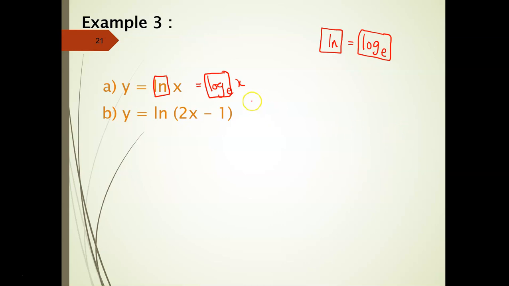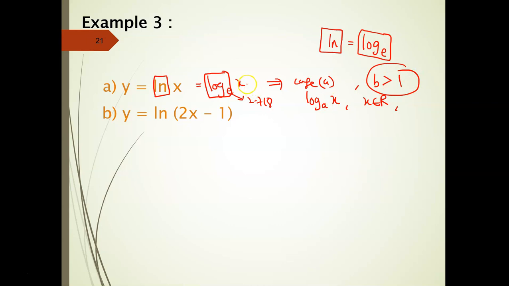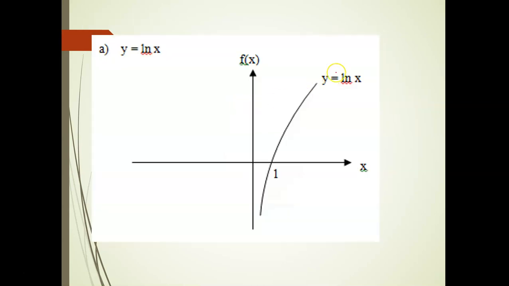Since e is 2.718, this will refer to case a just now, when b is greater than 1. What is the case of a just now? Log base b of x, x is a real number, b is greater than 1. So the graph will follow the first case.